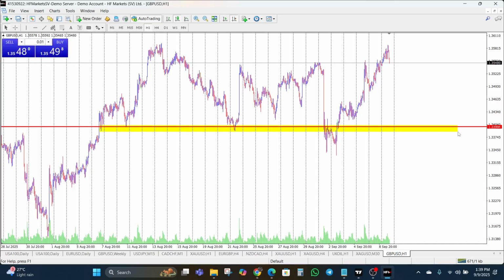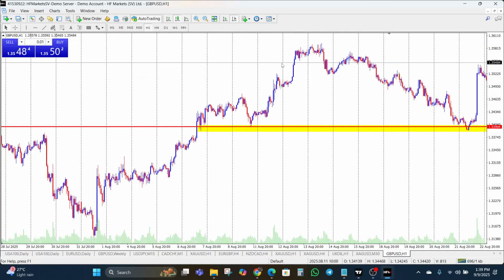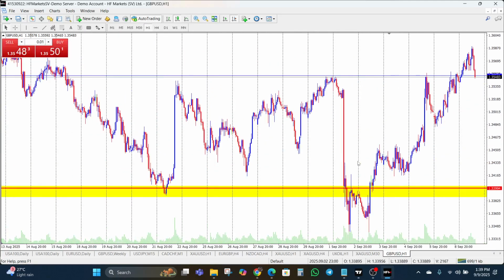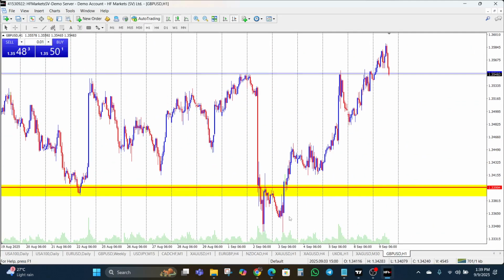It's often beyond an obvious support, like what we can see happen here, or a resistance. So after the liquidity is captured, the market often reverses sharply, creating what we call a fake out.